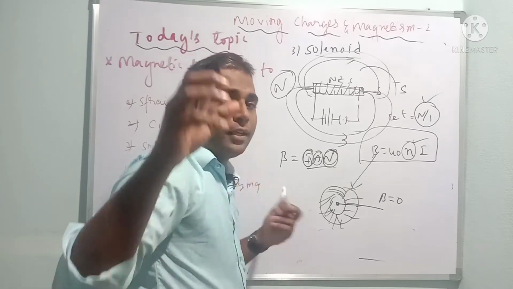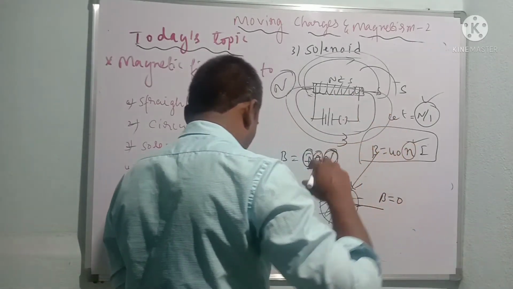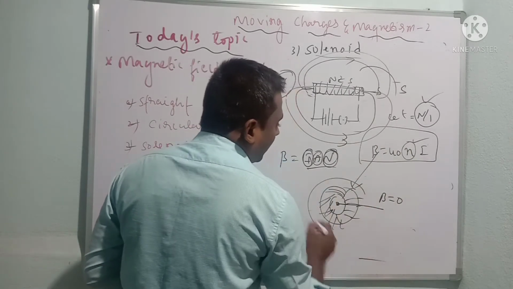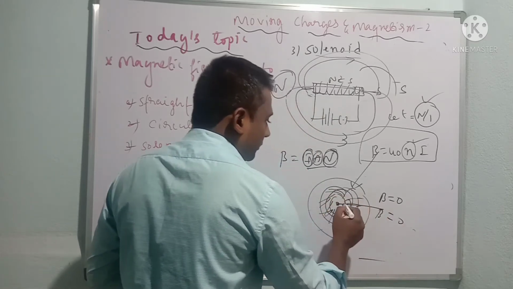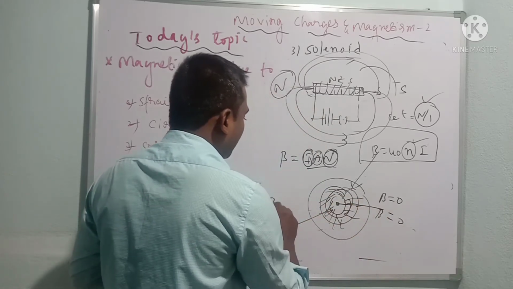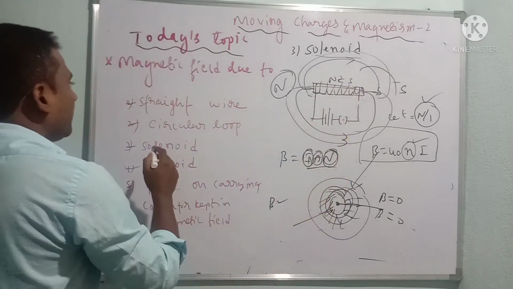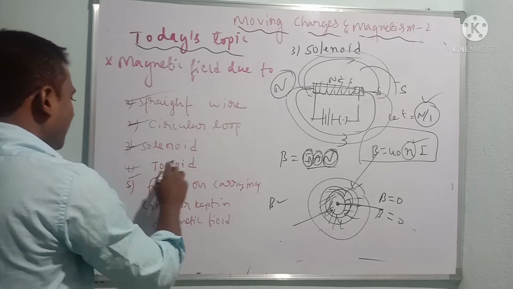We discussed it: inside the conductor, the electric field is equal to 0. Now this is equal to 0 and outside also it is equal to 0. Surrounding this we find the maximum magnetic field. So this is all about magnetic field due to a straight wire, circular loop, solenoid, and toroid.